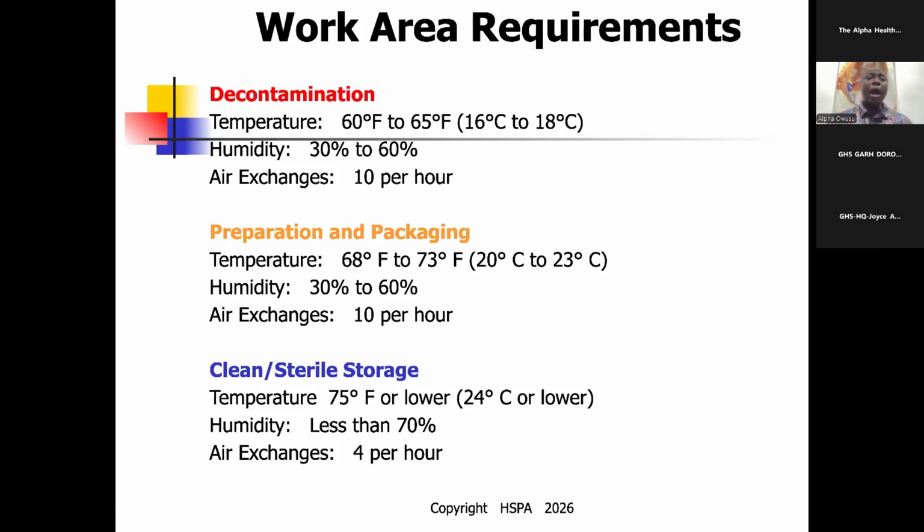If you go above or below, there is the propensity that microorganisms will grow, and the air there will also get affected, and so your process will be compromised. By keeping this temperature and humidity in this area, you keep the area at a negative pressure.